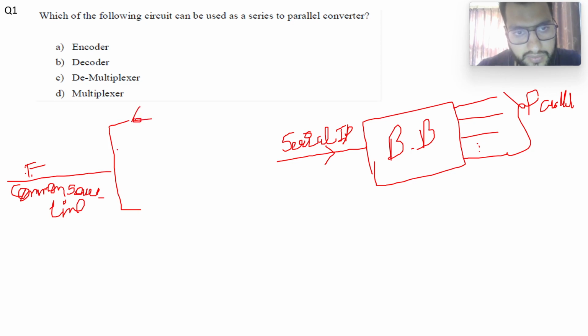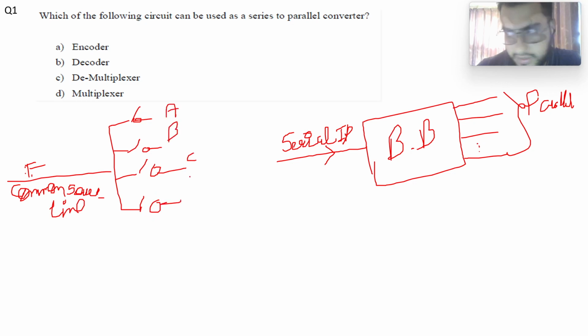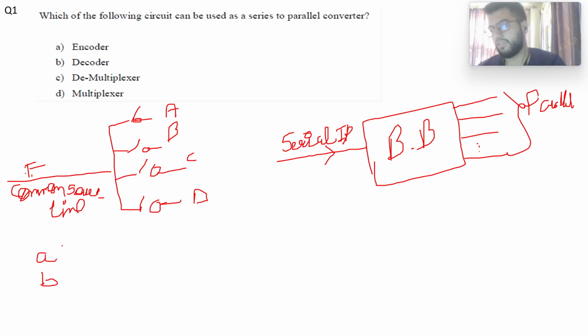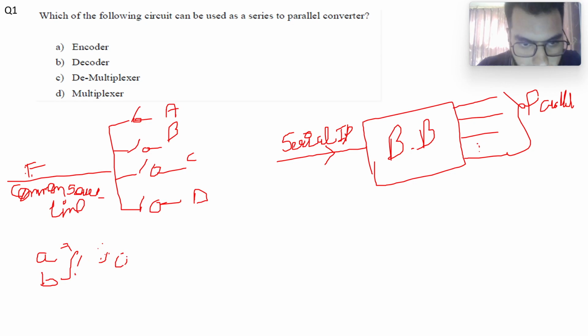These are switches connected to different outputs, parallel outputs. Let's just say A, B, C, D. And here we have two, what we can call control lines.